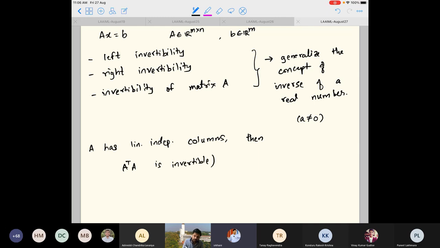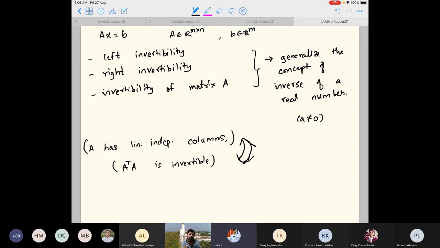So these two statements were equivalent. We actually proved in last class that A has linearly independent columns if and only if A transpose A is invertible. That was something very interesting.